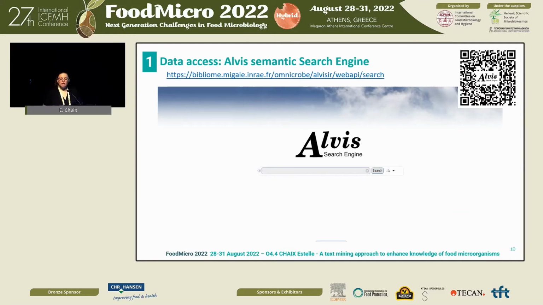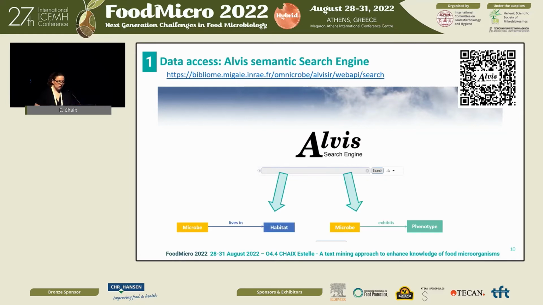The first one is a semantic search engine. You can flash the QR code, or take a photo if you want to test it. Why is it a search engine? Because, as you know, you can search any word, but it also provides a way to query a specific link.